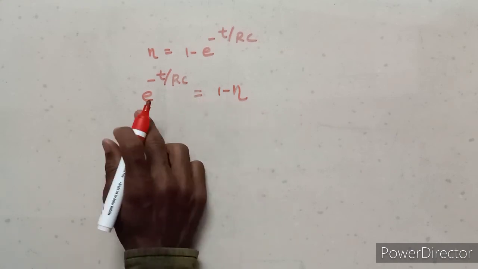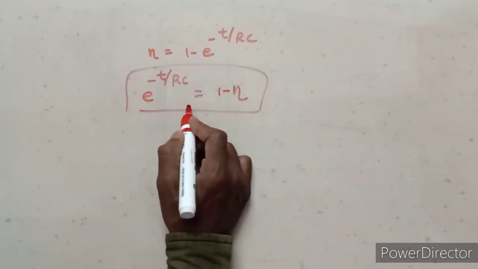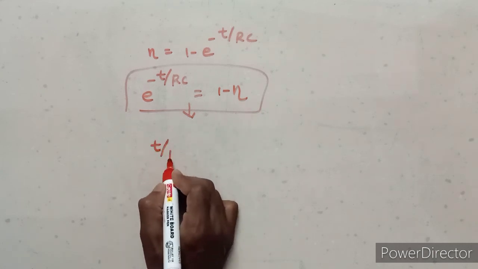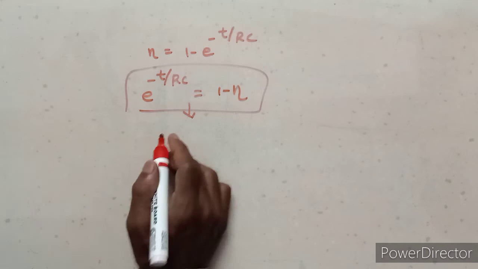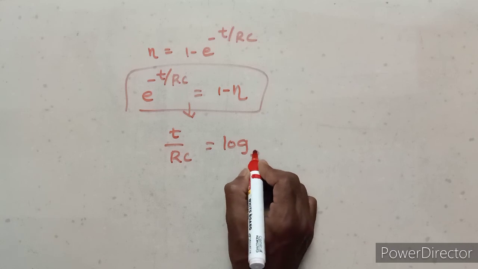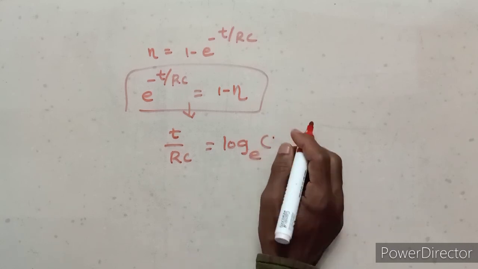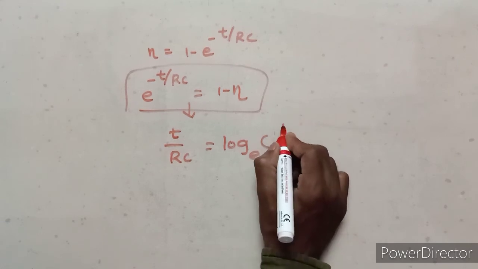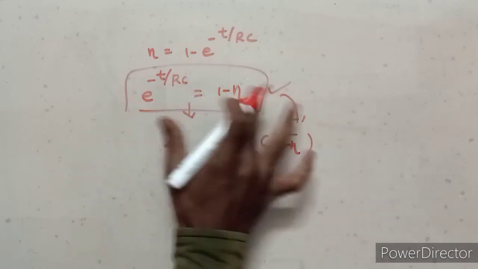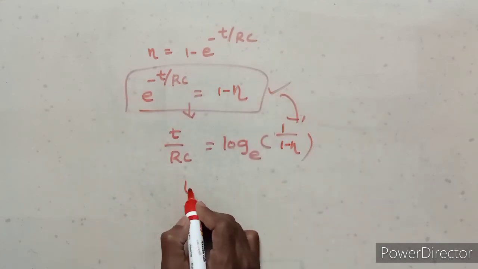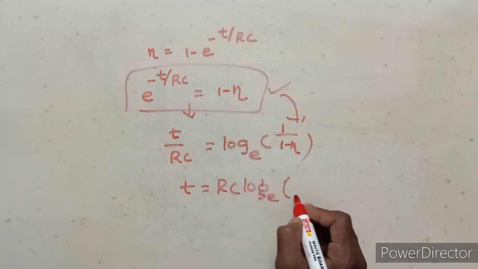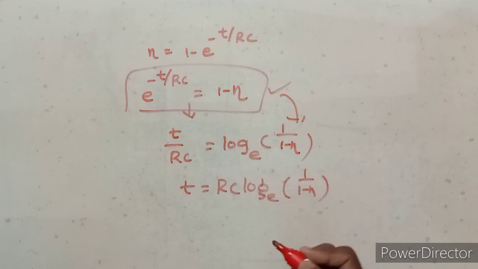This equation can be written in terms of log: t upon RC equals log to the base e of 1 upon 1 minus eta.